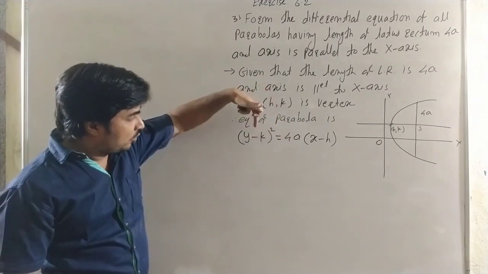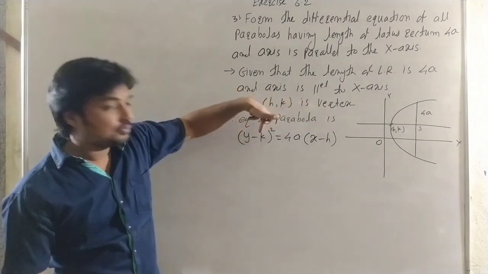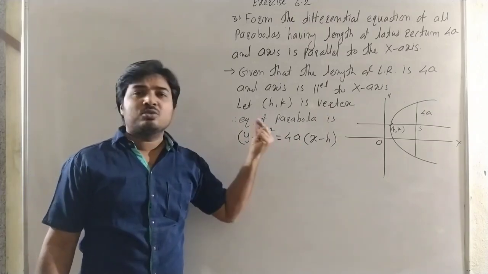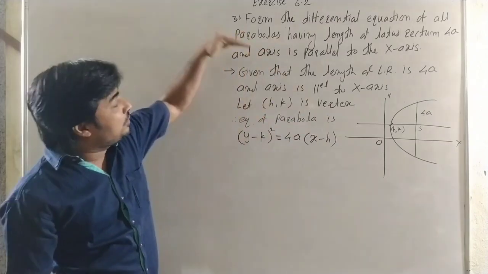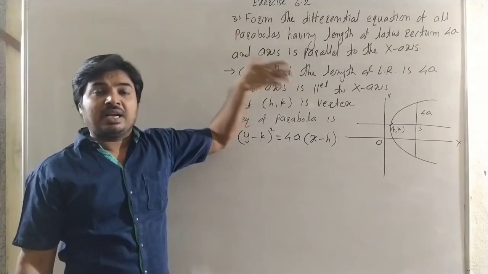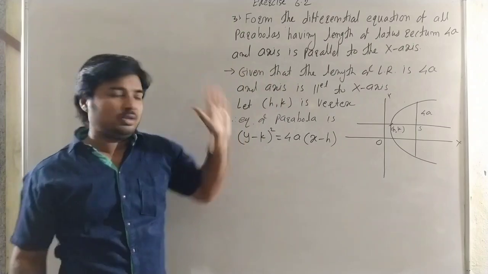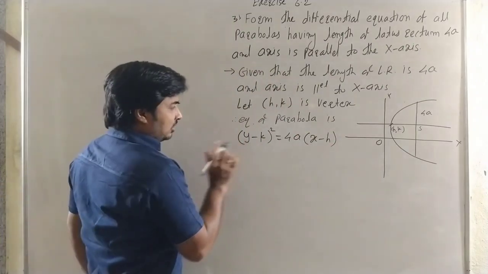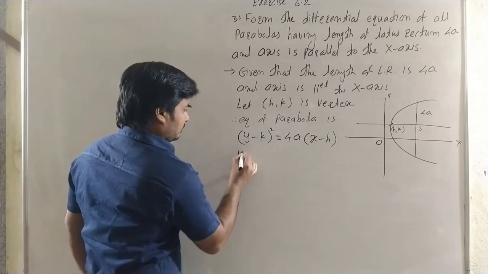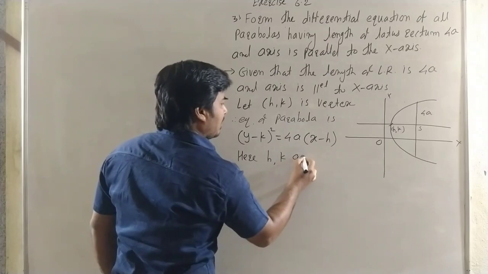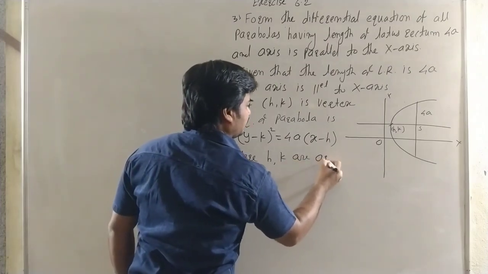Therefore here only h and k are the arbitrary constants. a is not an arbitrary constant, because here it is given that the length of latus rectum is fixed at 4a and the axis is parallel to the x-axis. Therefore here it is the equation of the parabola. Now there are two arbitrary constants. Here h and k are arbitrary constants.